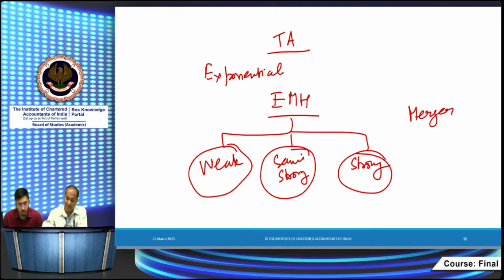Now in this case, say the price is moving like that, gradually, and the information has come out here. If it reacts after this news, say 4 to 5 days later, this is a weak form.